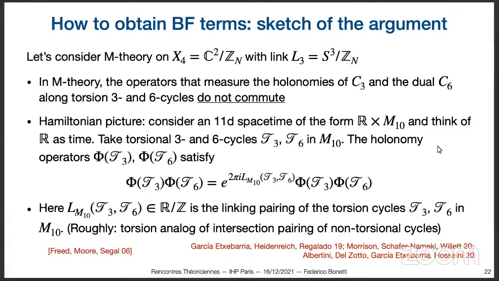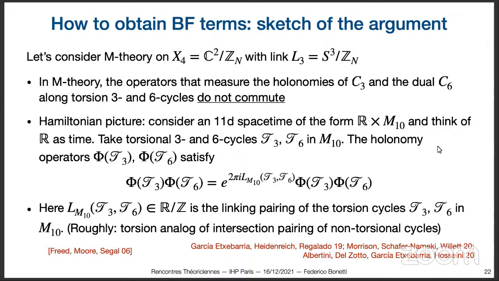So what's happening here is that the 3-cycle that I use for C3 and the 6-cycle that I use for its dual C6 are supposed to be torsional. And therefore, there is a well-defined notion of a linking pairing between them in the ambient space. Here I'm referring to a Hamiltonian picture, so I'm thinking of one direction being selected. In the previous picture it was the radial direction, if you wish. And therefore, we're effectively down to a 10-dimensional space-time that accommodates these torsional 3- and 6-cycles.